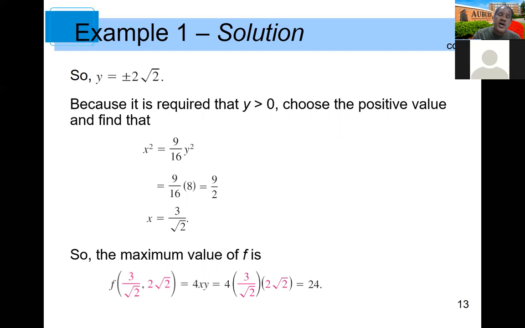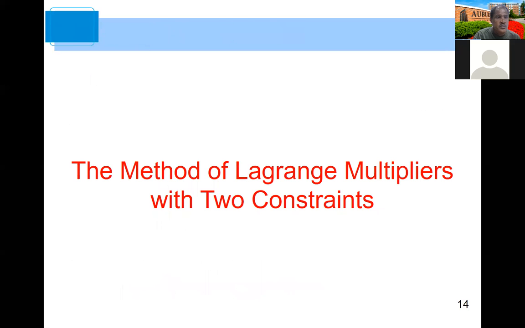So the maximum value of f is 24. And it occurs at the point 3 over root 2, comma, 2 root 2. All right? So that's how you find the maximum and minimum value using the method of Lagrange multipliers, if you have one constraint.